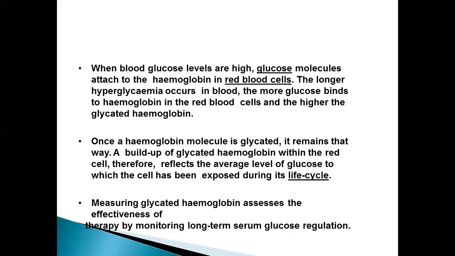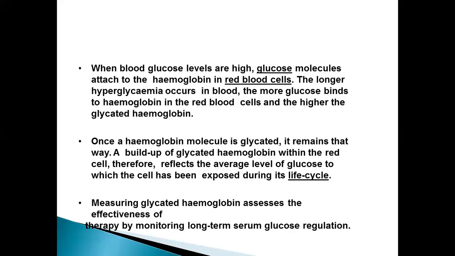Once a hemoglobin molecule is glycated, it remains that way. The buildup of glycated hemoglobin within the red cells therefore reflects the average level of glucose to which the cells have been exposed during their life cycle. So measuring glycated hemoglobin assesses the effectiveness of therapy by monitoring long-term serum glucose regulation.